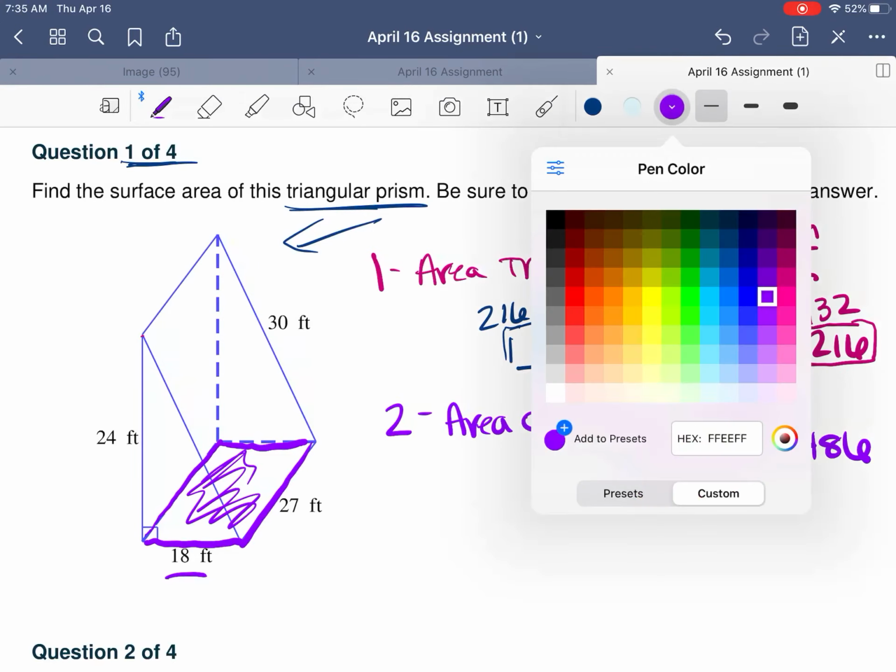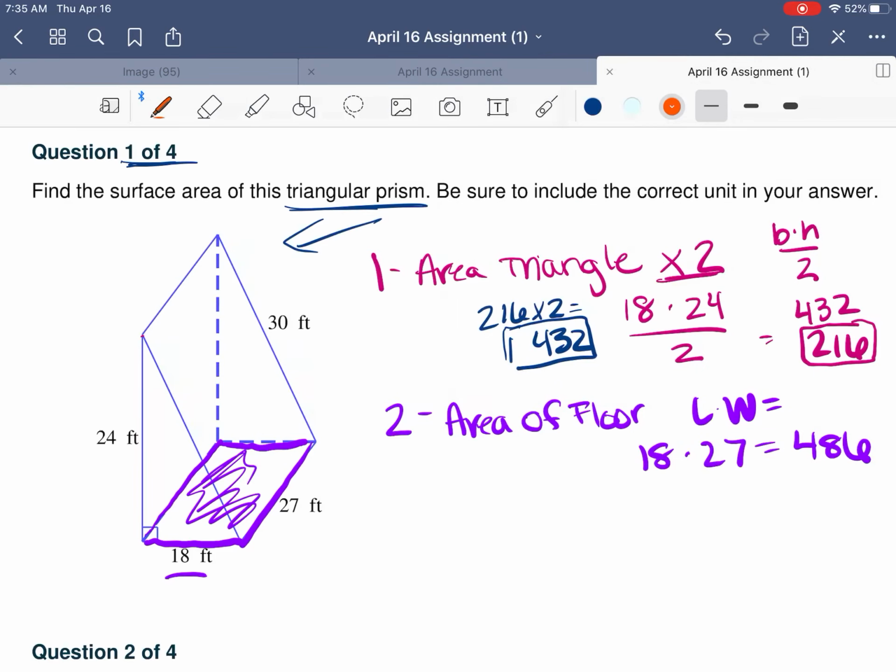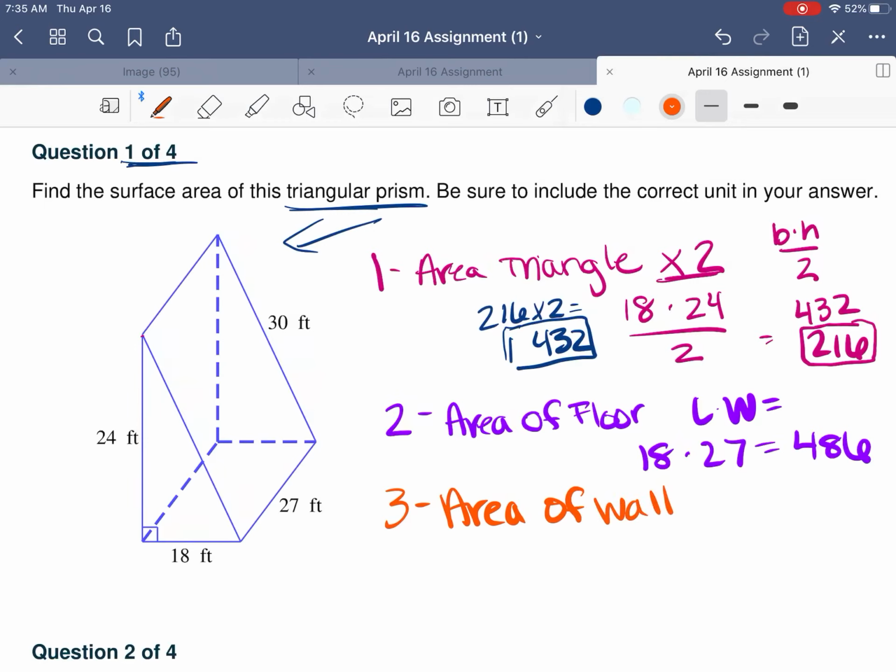Okay, let's find a new color again. So the third thing, I'm going to erase my floor right now. The third thing that I want to do is find the area of the wall, and that is this back part right here.